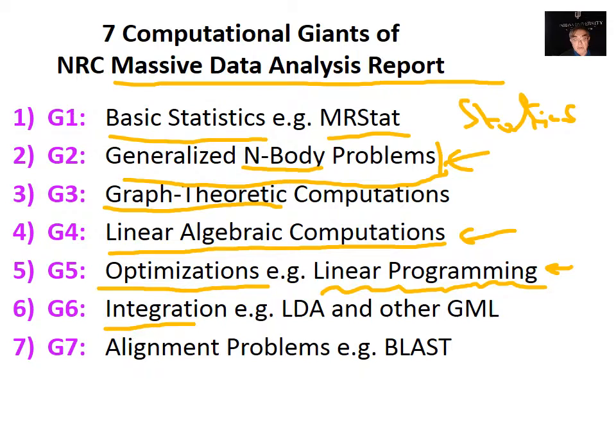There's here what they call integration, which is what I call global machine learning with algorithms like latent Dirichlet allocation. And then the final thing, which I didn't really properly study in my analysis, is alignment problems. And these are comparison problems, which are a little like web search, where you take BLAST, you take one sequence and you try to compare it with all other sequences using the overlap between sequences calculated, in this case, by the BLAST program.